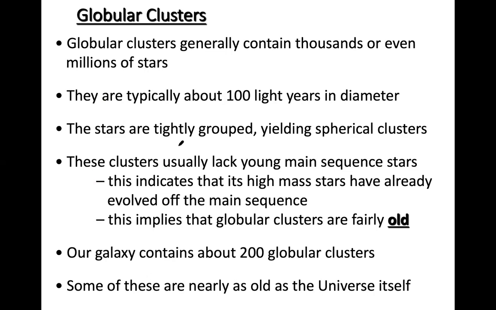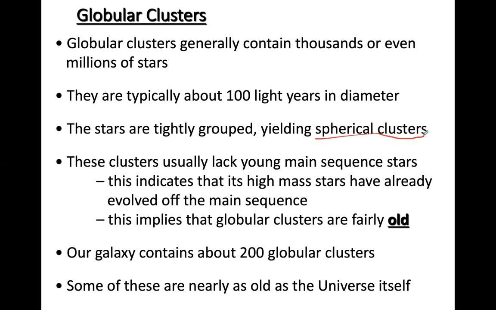The next type of star clusters is globular clusters. They generally contain thousands or even millions of stars. The size is typically around 100 light years in diameter, and you can see that they are relatively large compared to these open clusters. They are very tightly grouped, and they have a nice spherical shape.